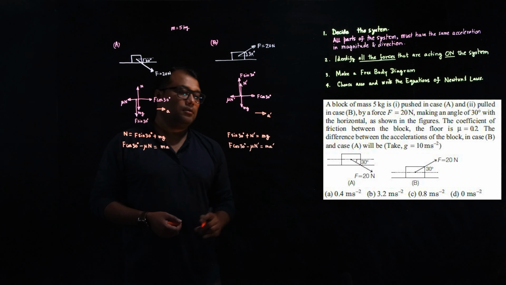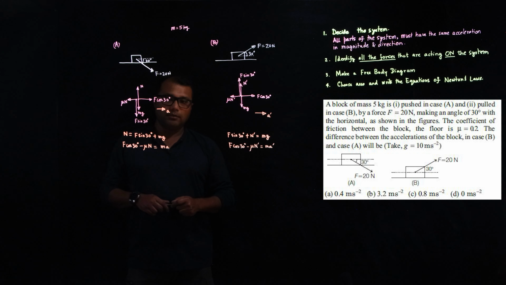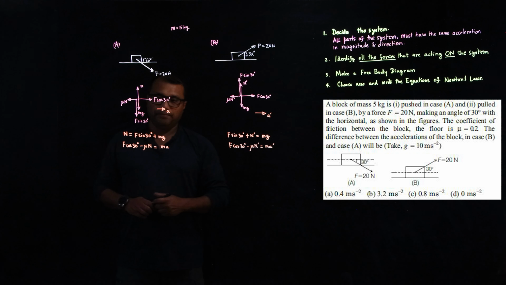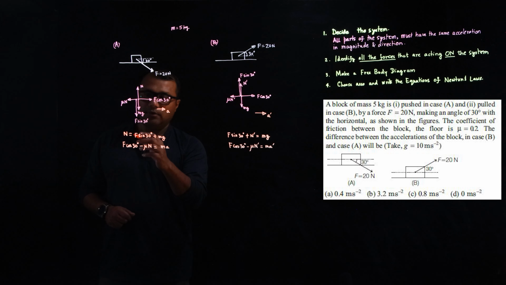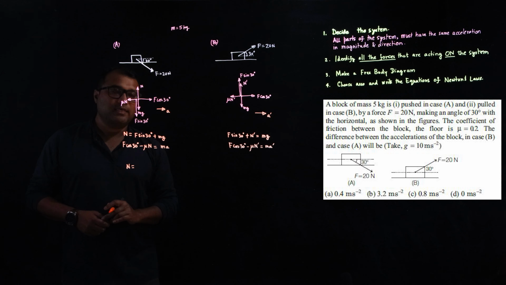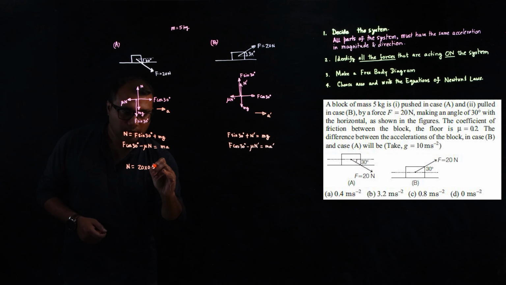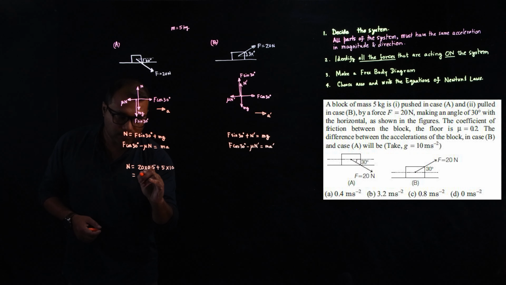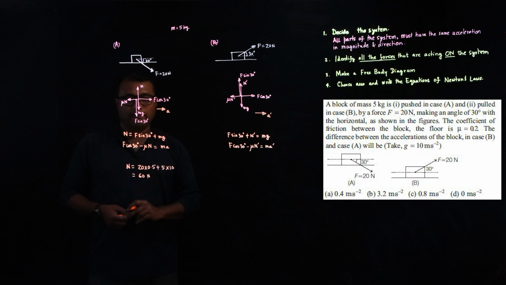Now we have all the values, we can solve. We have to find out a dashed minus a. So let's put down the values now. In this one, N is equal to how much? F sin 30. F is 20 Newton, sin 30 is 0.5, plus mass is 5 kg and g is 10. So 10 plus 50 is 60 Newtons.